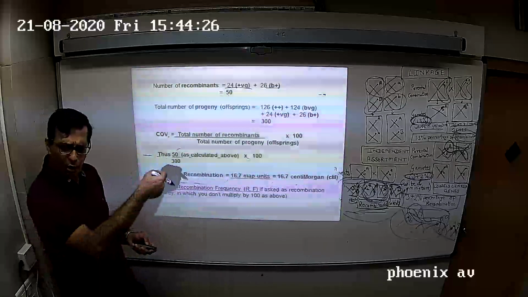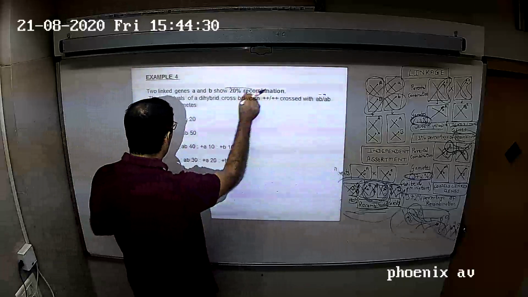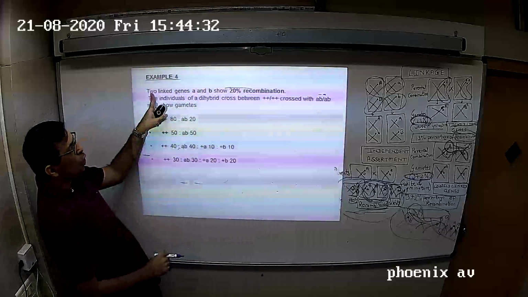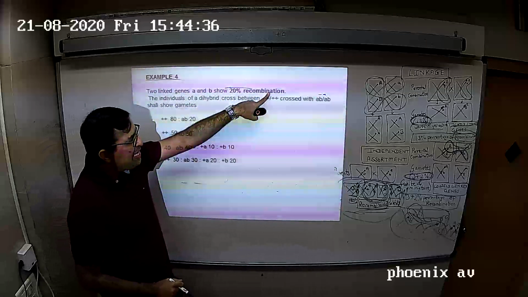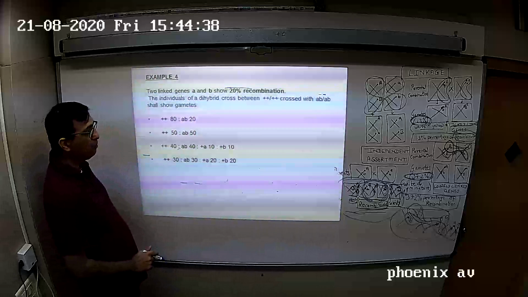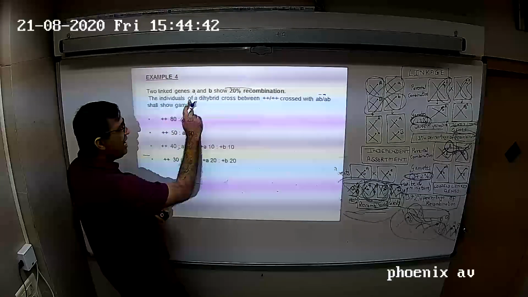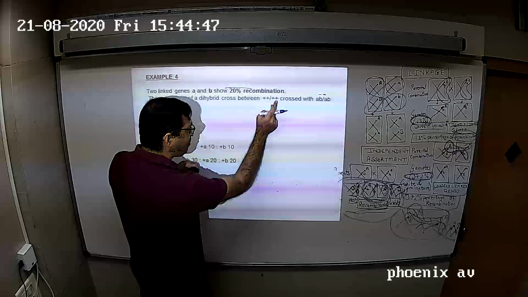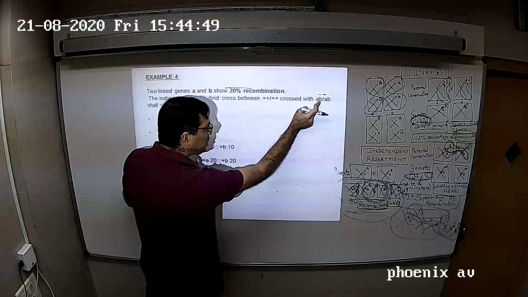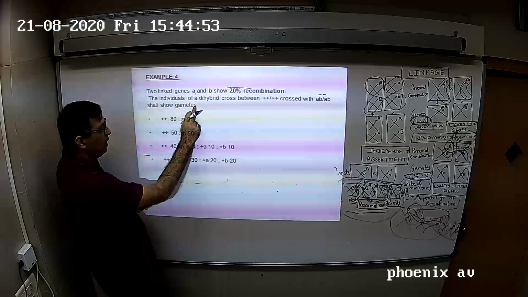Simple. Again from the NTA, now we find it very simple. Another example, this is a good question. Two linked genes a and b show 20% recombination. The individuals of a dihybrid cross between plus plus plus plus crossed with a b will show which gametes?